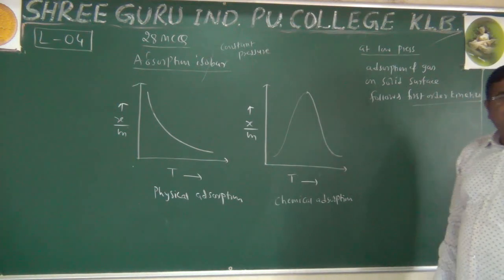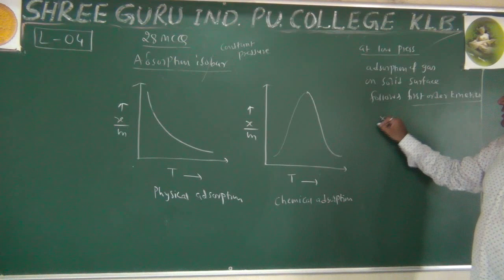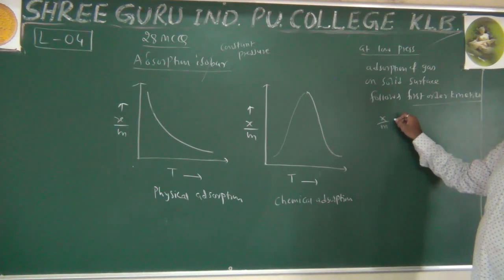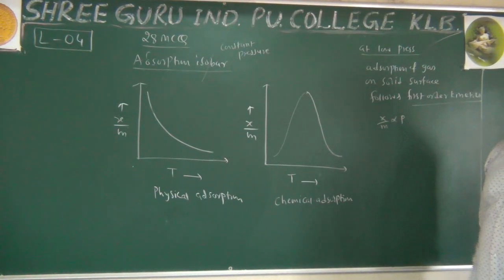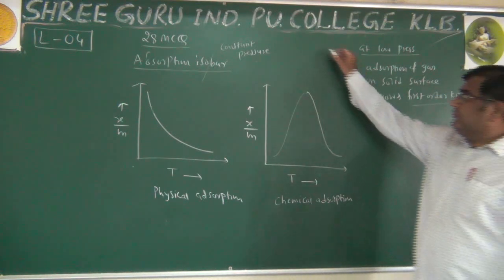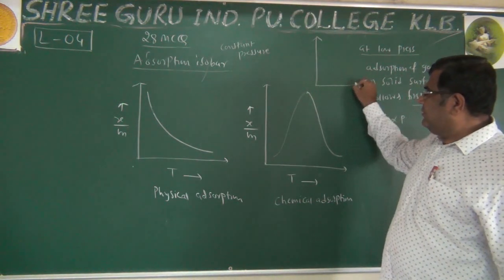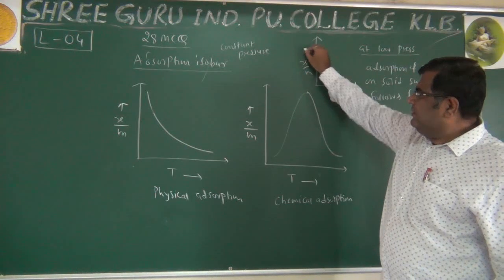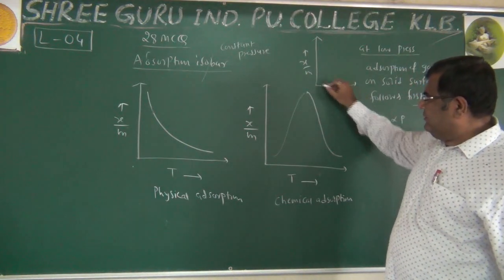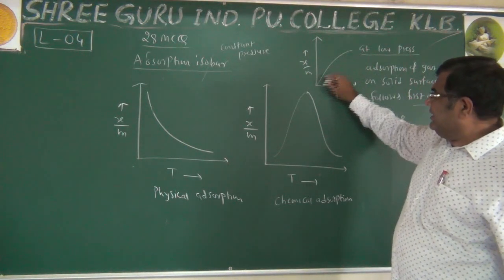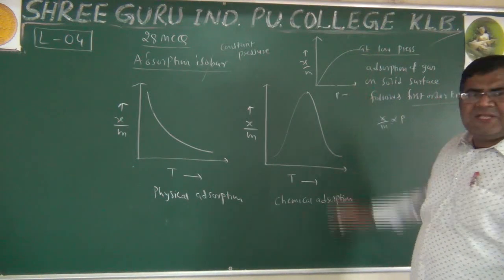Why do we say so? Because x by m is directly proportional to pressure at low pressure. This is x by m and this is p. So it is a straight line, and it approaches saturation at high pressure.